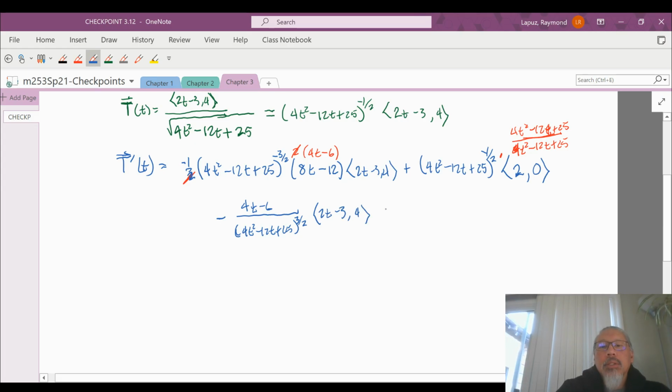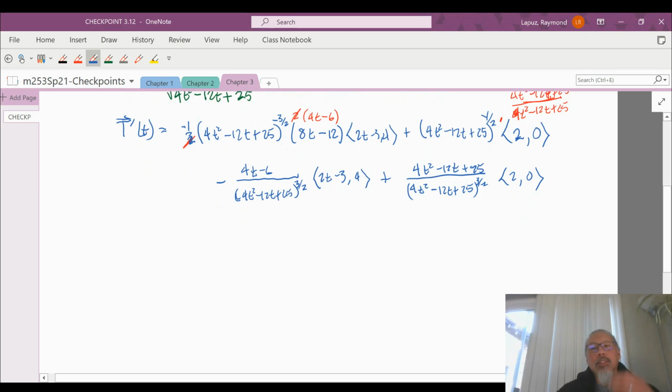And then now this one is just going to have this component times 2, and we multiplied everything out with the common denominator. So my common denominator would be 4t squared minus 12t plus 25 to the positive 3/2 power, and then I would have a 4t squared minus 12t plus 25, and then this is going to get multiplied by 2 and 0.